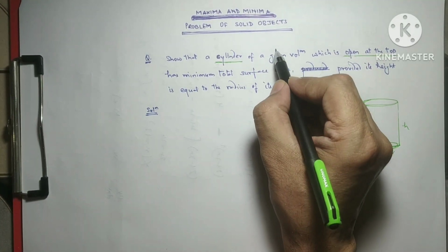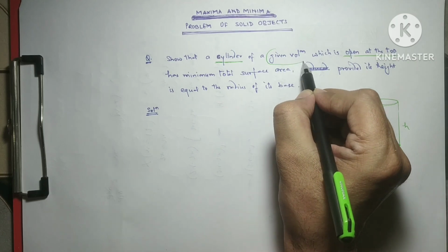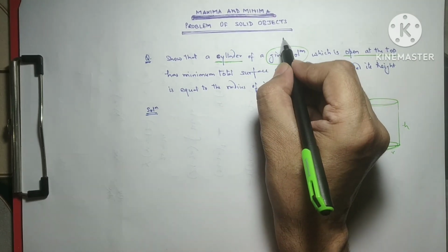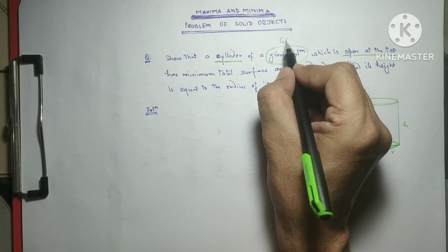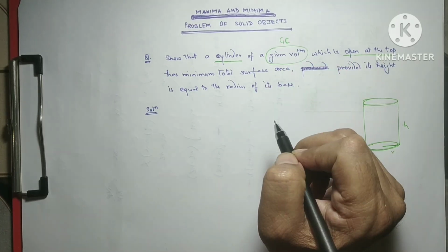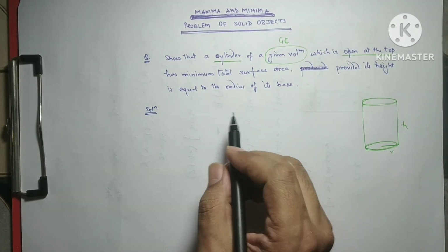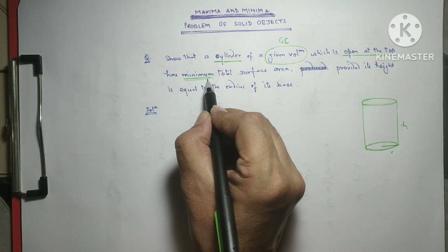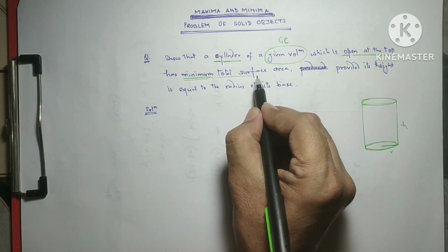Now we have volume which is given, meaning it is our given condition, and we want to show the minimum total surface area, TSA.